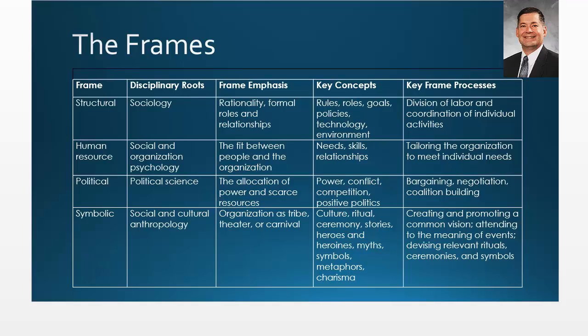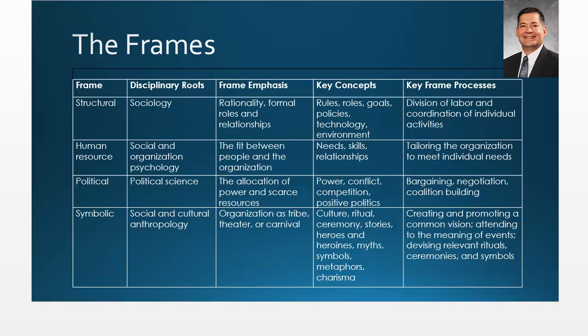The third frame is the political frame, and within the political frame you look at the allocation of power, the allocation of resources, and one of the premises or assumptions is there will always be scarce resources, and thus there will always be conflict and competition within an organization. So within the structural frame and the human resource frame, you may try to avoid conflict as something that is counterproductive.